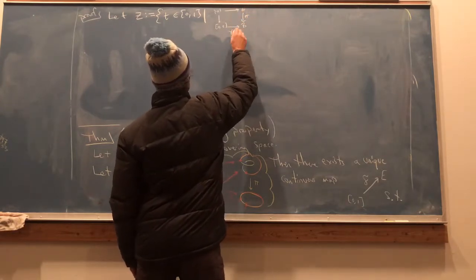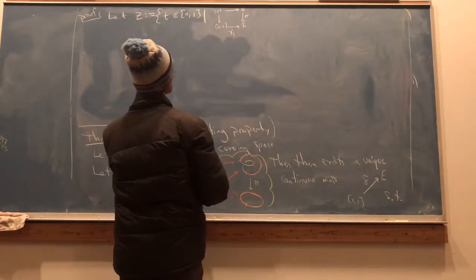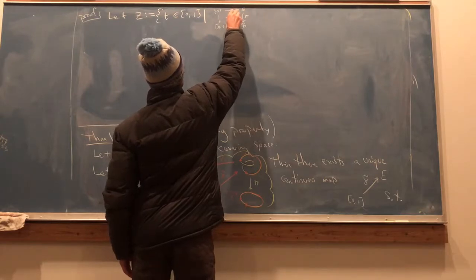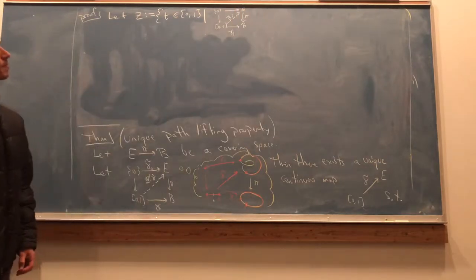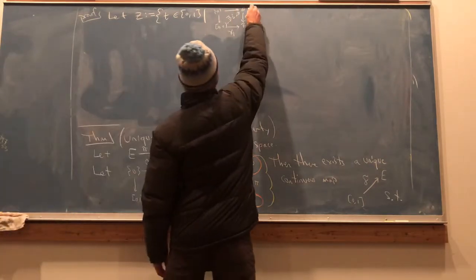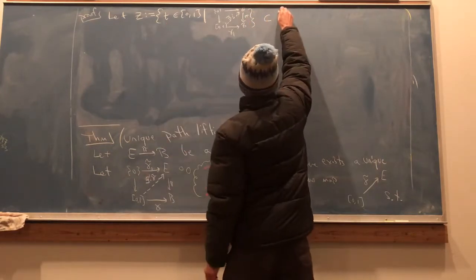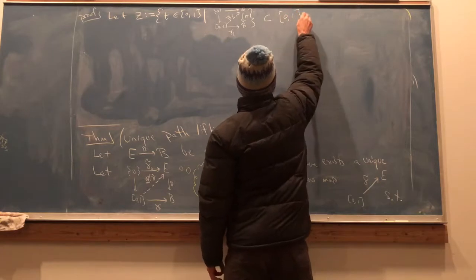This is gamma restricted to the interval from 0 to t, so such that there exists a unique thing like that. That's a subset of all the t's of [0, 1].